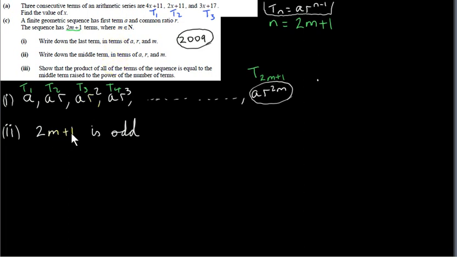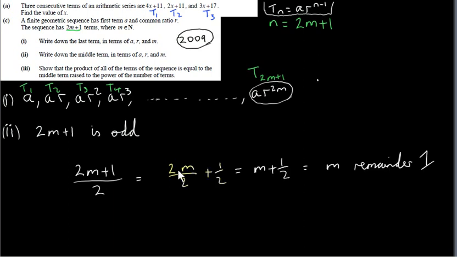Why is 2m plus 1 odd? Well, if you take 2m plus 1 and divide it by 2, what do you get? You get 2m over 2 plus a half. 2m can be divided by 2 because 2m is even, so we get m plus a half. In other words, when we divide 2m plus 1 by 2, we get m with a remainder of 1.